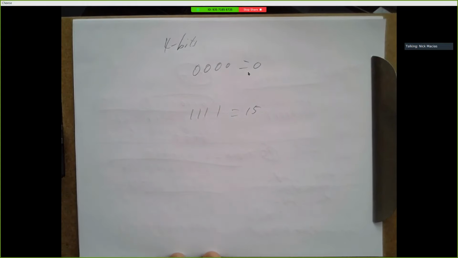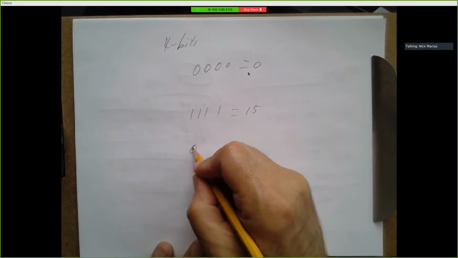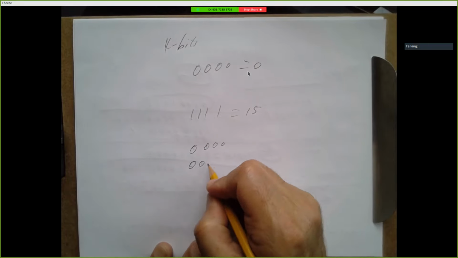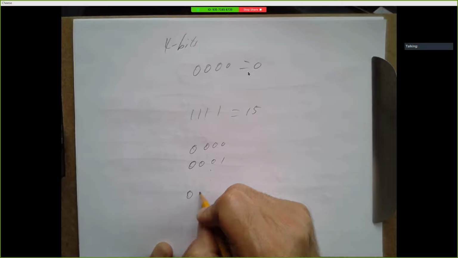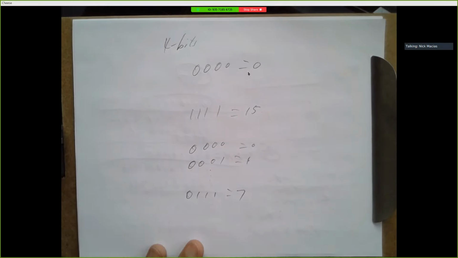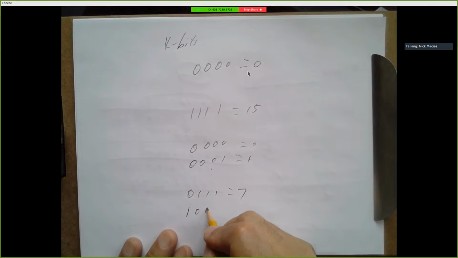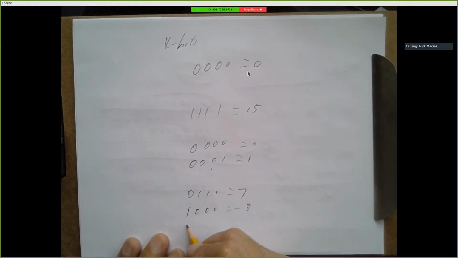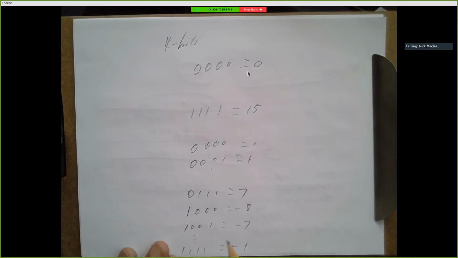But if we're doing 2's complement for negative numbers, we can go from 0 up to 7, but then when we go to this, it's actually negative 8, and this is negative 7, and this is negative 1.